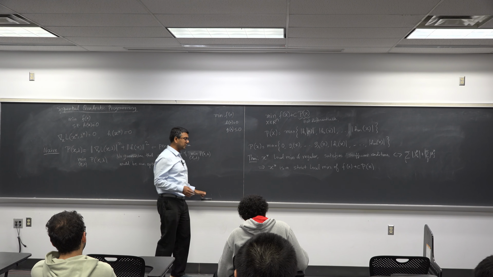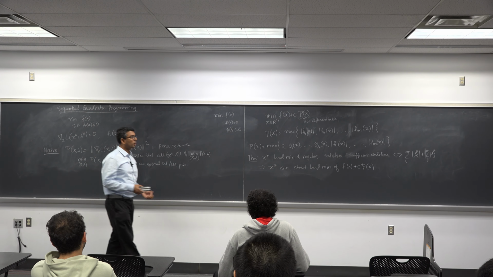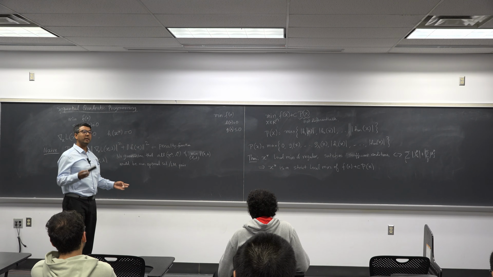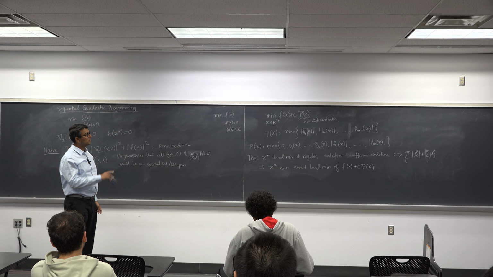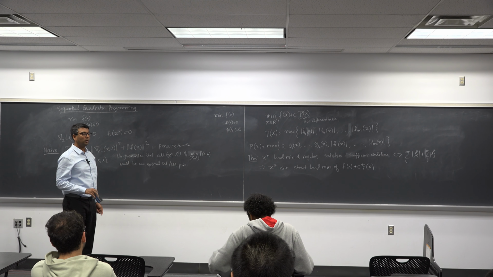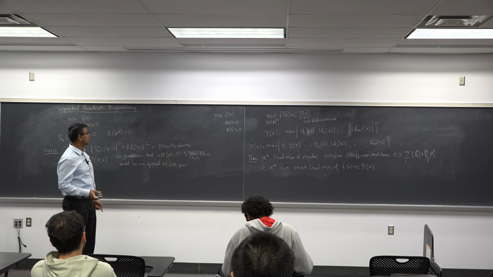And let's go back to first principles. How did we solve an unconstrained optimization problem at the very beginning? Remember lecture 4, lecture 5 of this course. What did we do to solve an unconstrained optimization problem?